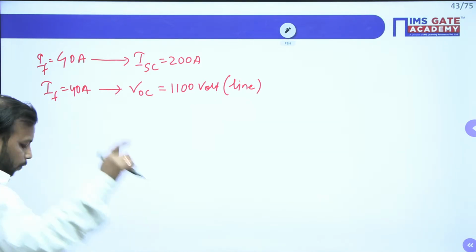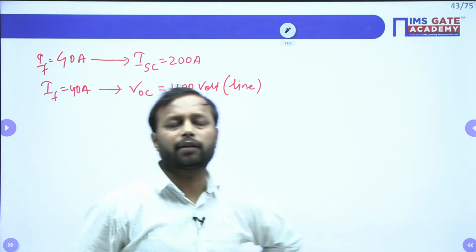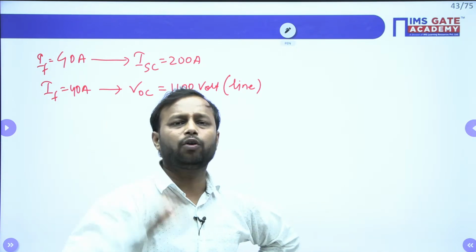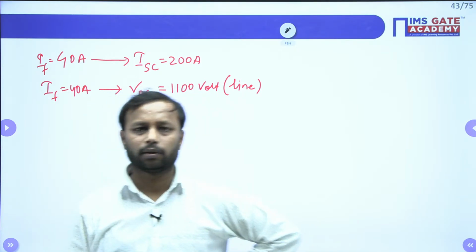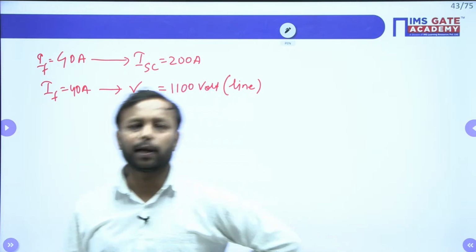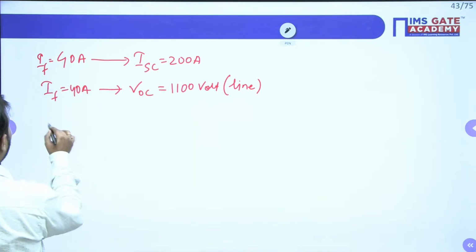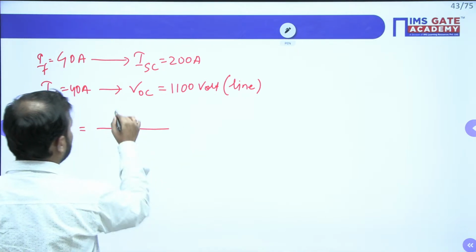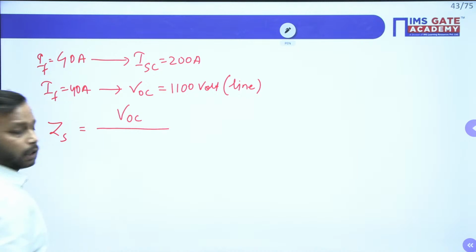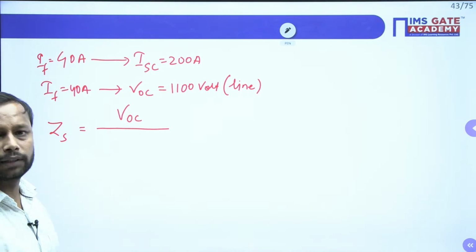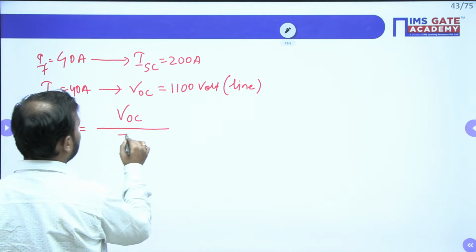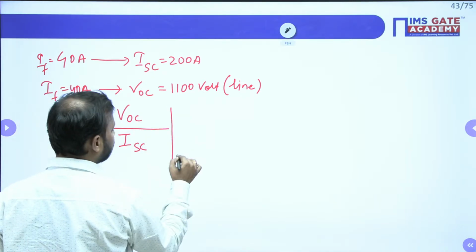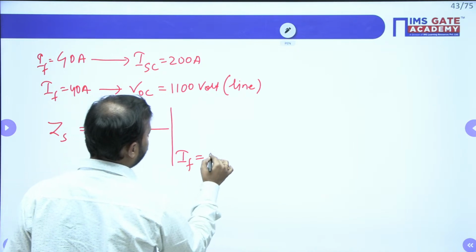Now see here, from the EMF method, or the synchronous impedance method, all are the same. From the EMF method, the ZS, synchronous impedance, is given by the voltage under open circuit condition and the armature current under short circuit condition, but both have to be taken under the same field current.